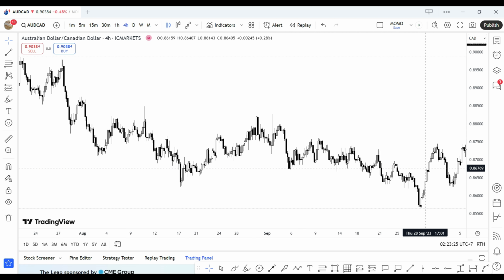Okay, so we are going to cover everything related to the market structure and everything we learned from session 1 until this session. The trend I have here is a downtrend. So how do we start looking for our trading zone on a downtrend?